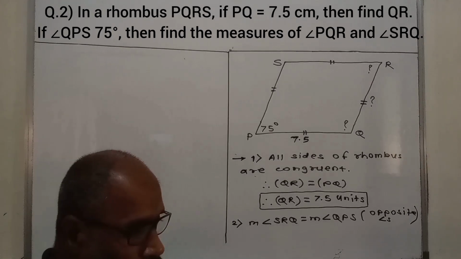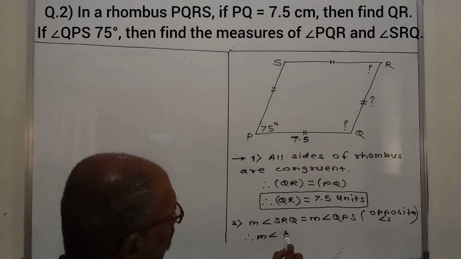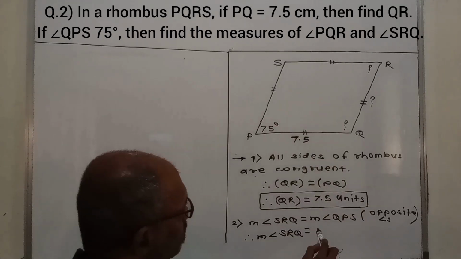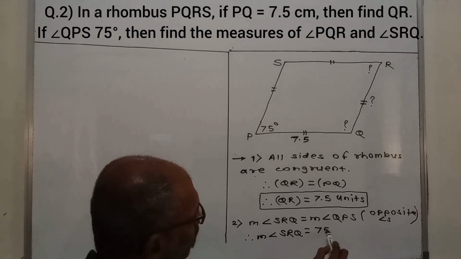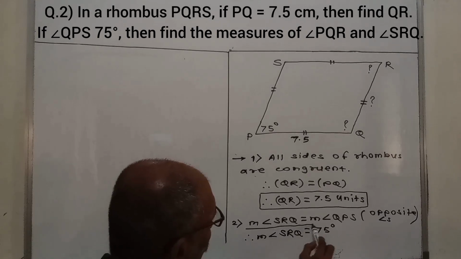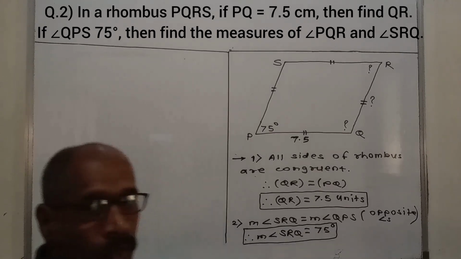Therefore those are congruent, or measures are equal. Therefore measure angle SRQ is equal to measure of angle QPS, 75 degree. Did you get it? This is our second answer.